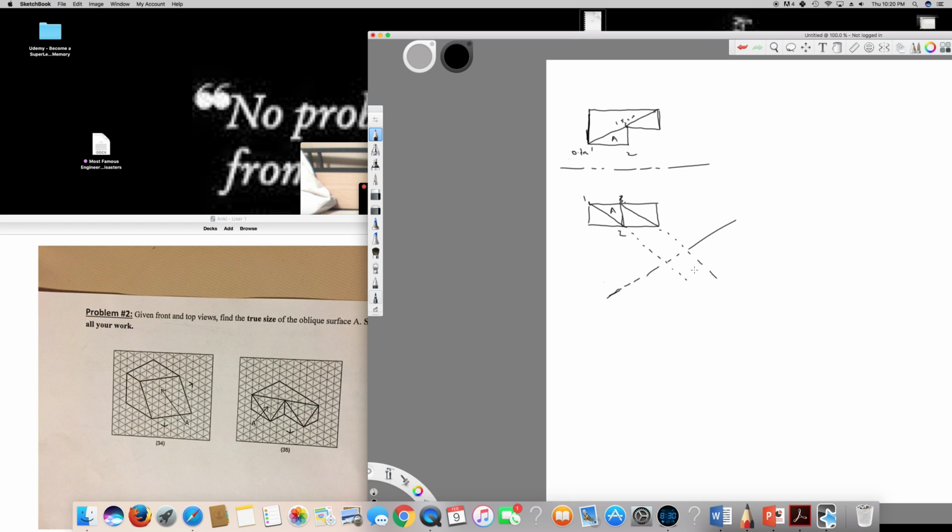I have to measure the exact same distance from this phantom line. This is 0.7 millimeter, and this is going to be 1.5 centimeter, and I just have to connect it. So this is my edge view. Now I am done with the edge view.